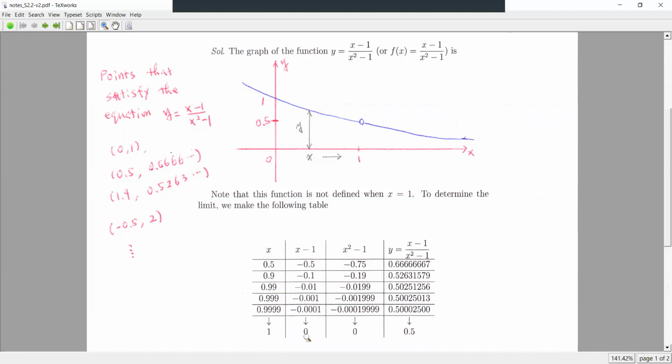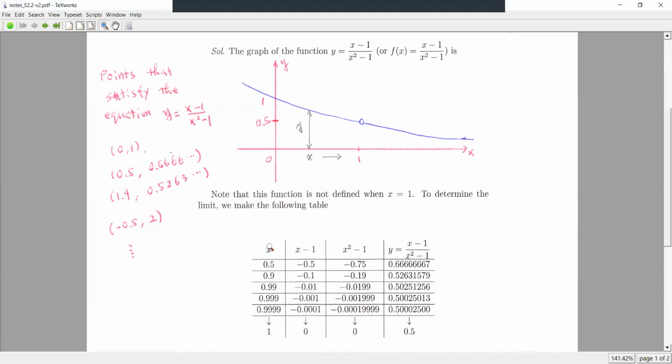The second column is for the numerator. The third column is for the denominator. The last column is for the dependent variable y. y is f of x, y is the function.